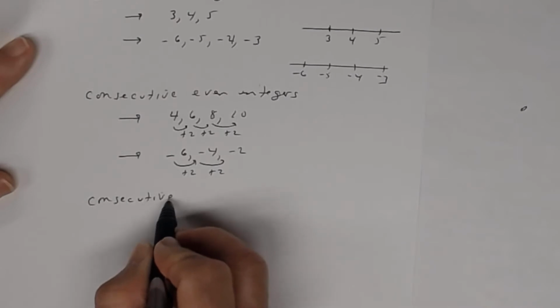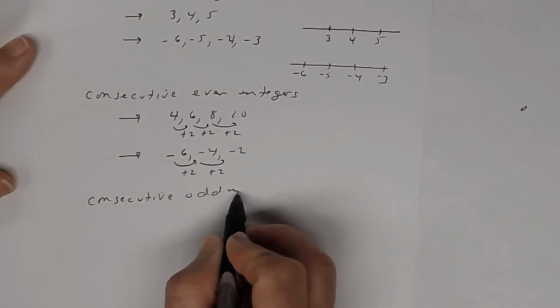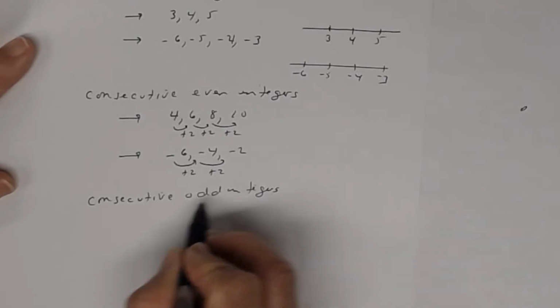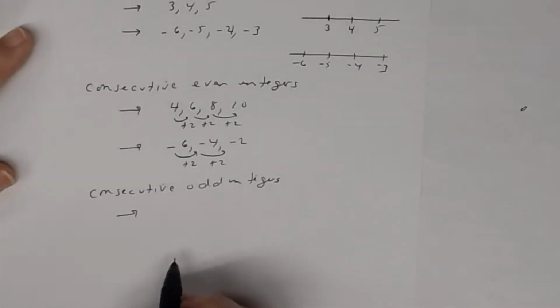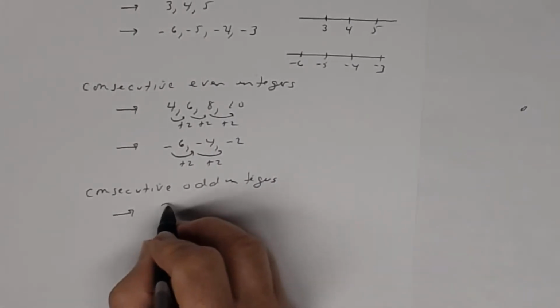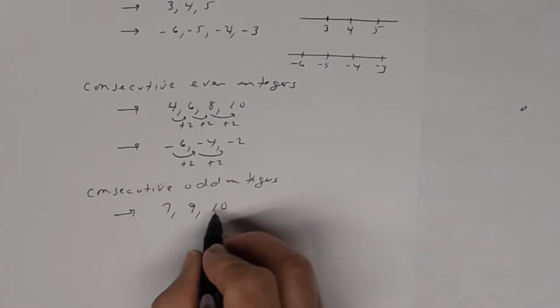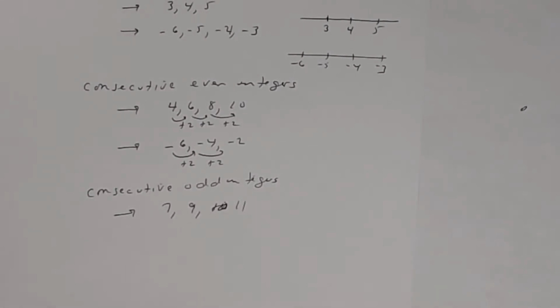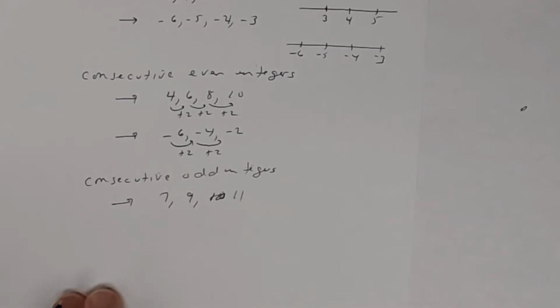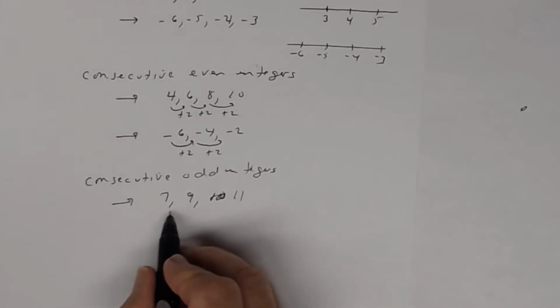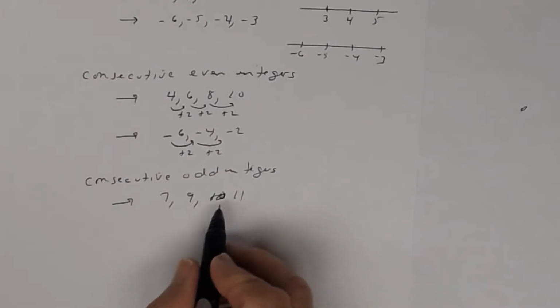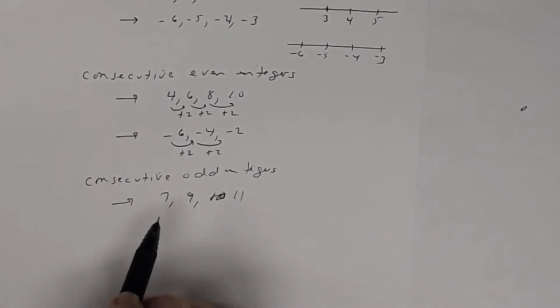Okay. Consecutive odd integers. Let's talk about that. Here are some examples of consecutive odd integers. 7, 9, and 11. So those are consecutive odd integers. So 7 is my first one. The next odd integer is 9. The next odd integer is 11. And I want you to notice something.